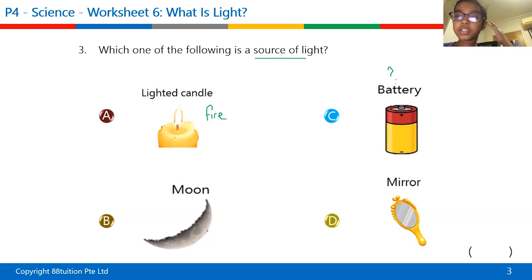The torch? Very good. Does the light come from the battery? No. The battery contains fuel and acid inside. So it is the fuel that is burning inside the electronic device, which is the torchlight, that gives off the light. So it's the torch that gives off the light, but the battery is the fuel. So that's the difference. Make sure you know. So the correct answer is A.